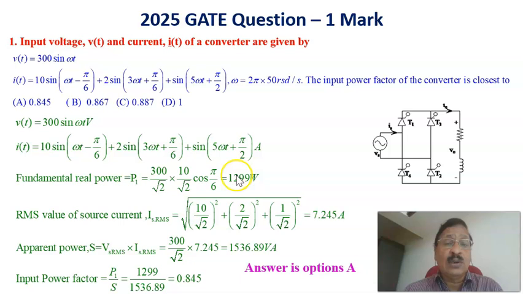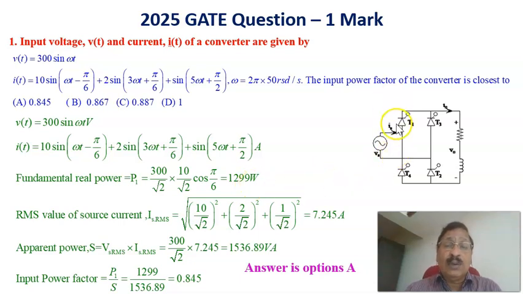It is equal to V I cos phi, where I is the fundamental current RMS value, V is the RMS value of the voltage, and phi is the phase angle between the fundamental current and voltage. That is the fundamental real power supplied from the source, which is equal to 1299 watts.